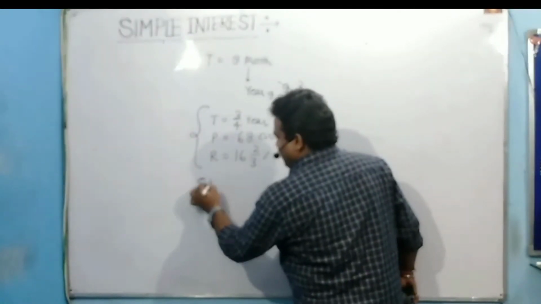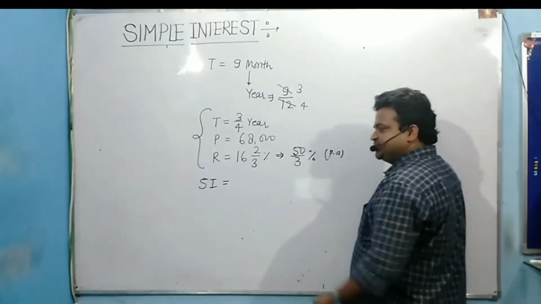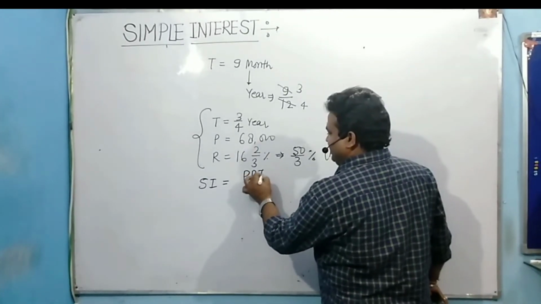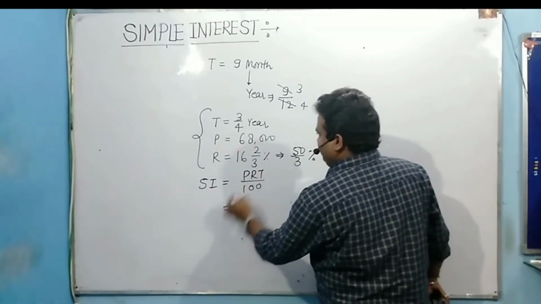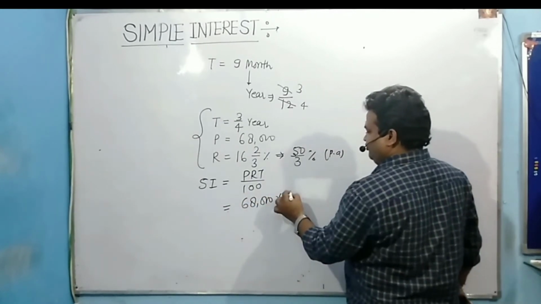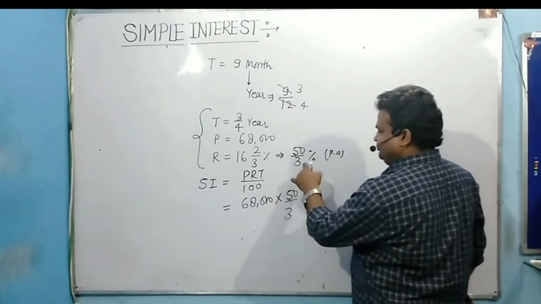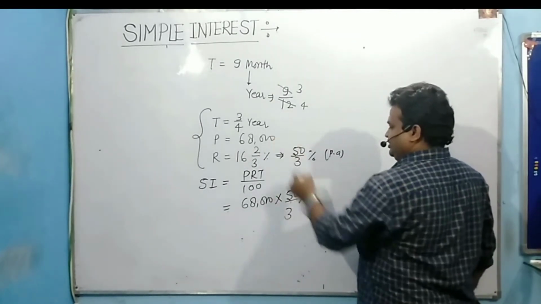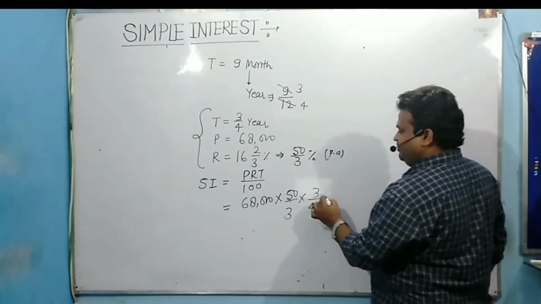Now the question asked is to find the simple interest. So simple interest is PRT divided by 100. What is my P value? 68,000, sir. R value is 50 by 3, and T is 3 by 4, divided by 100.